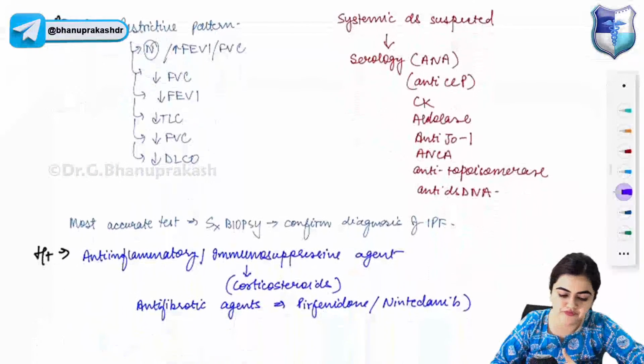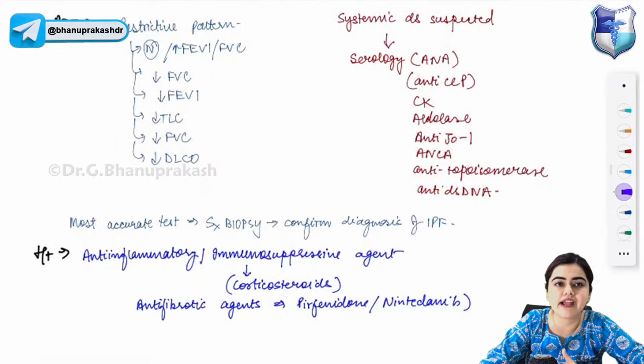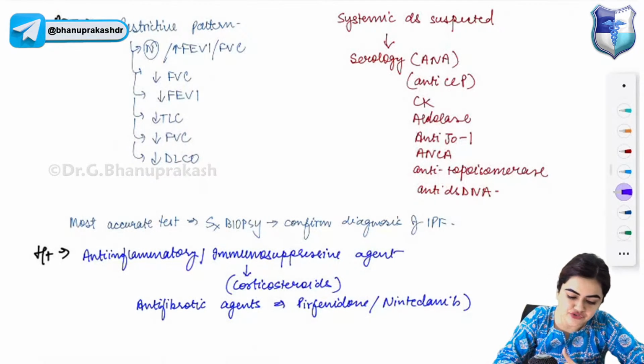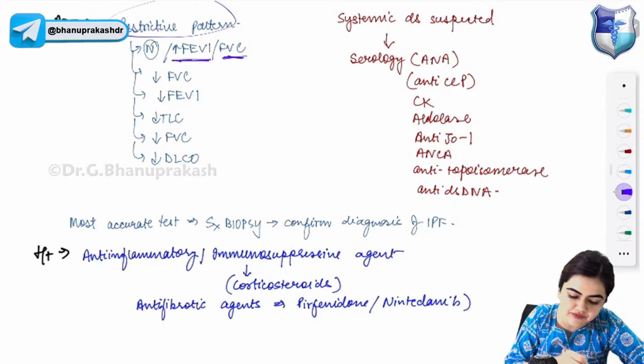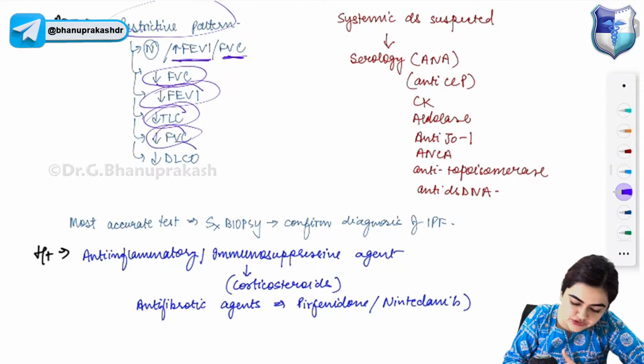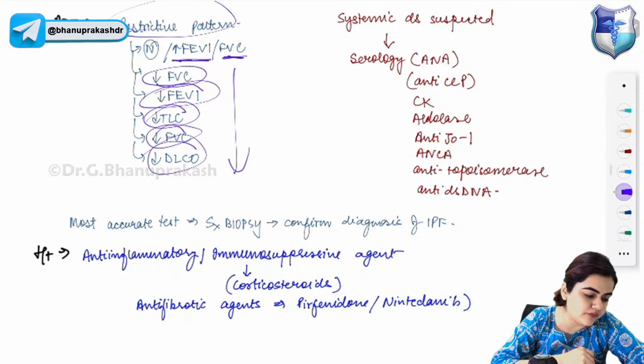Now, what are the pulmonary function test findings in interstitial lung disease? It will present like a restrictive pattern of lung disease. You will get a decrease in FVC value and a decrease in FEV1 value. Everything is decreased on pulmonary function test.